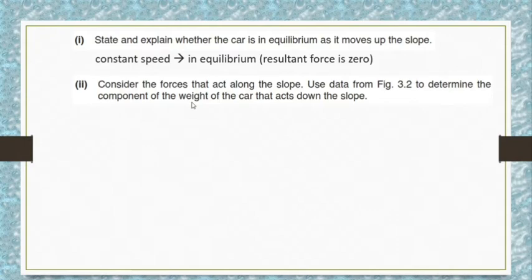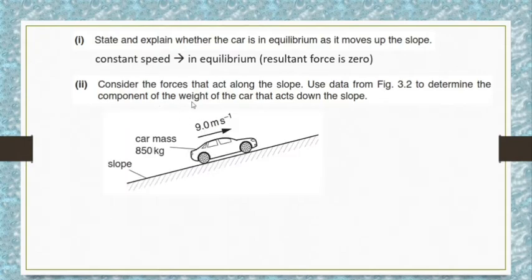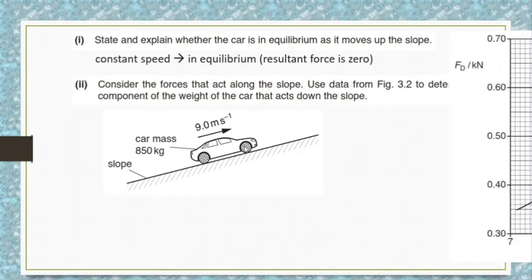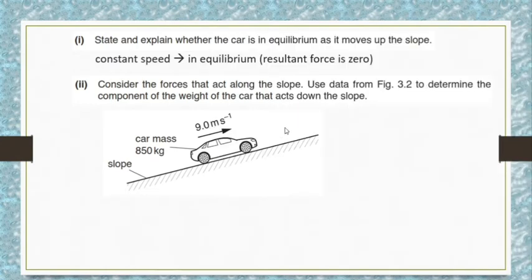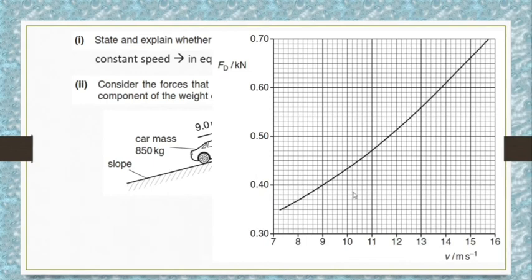Consider the forces that act along the slope. Use data from figure 3.2 to determine the component of the weight of the car that acts down the slope. Here, I would like you to see, when the velocity is 9 meters per second, what is the drag force that is acting?